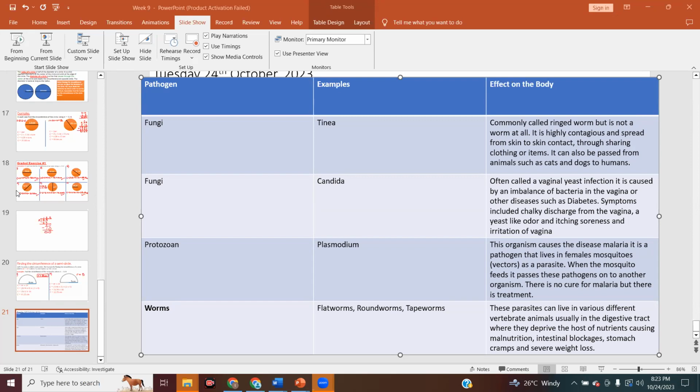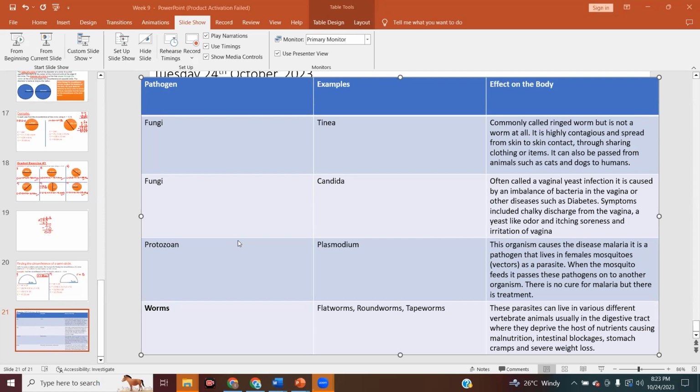The real one is Plasmodium, which is a protozoan. All right. Stene. Yes, sir. What causes vaginal yeast infection? Like what pathogen? Candida. All right.